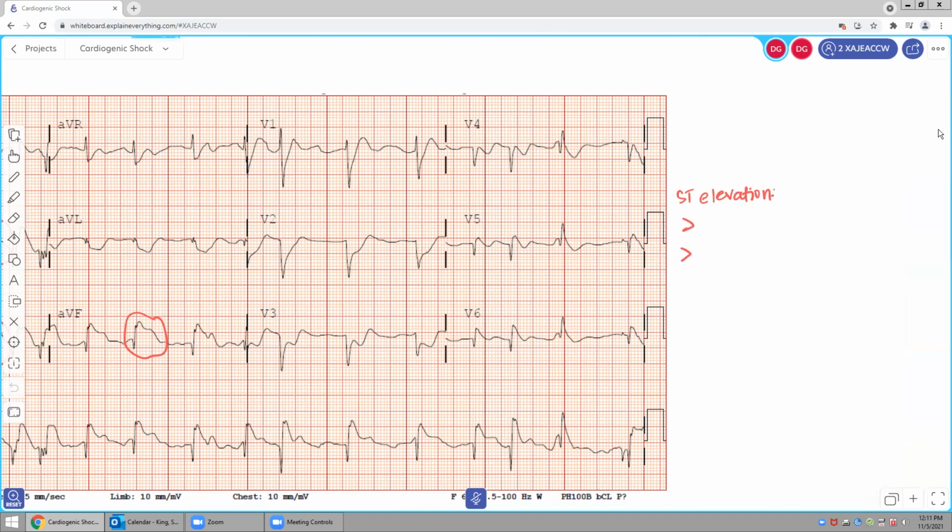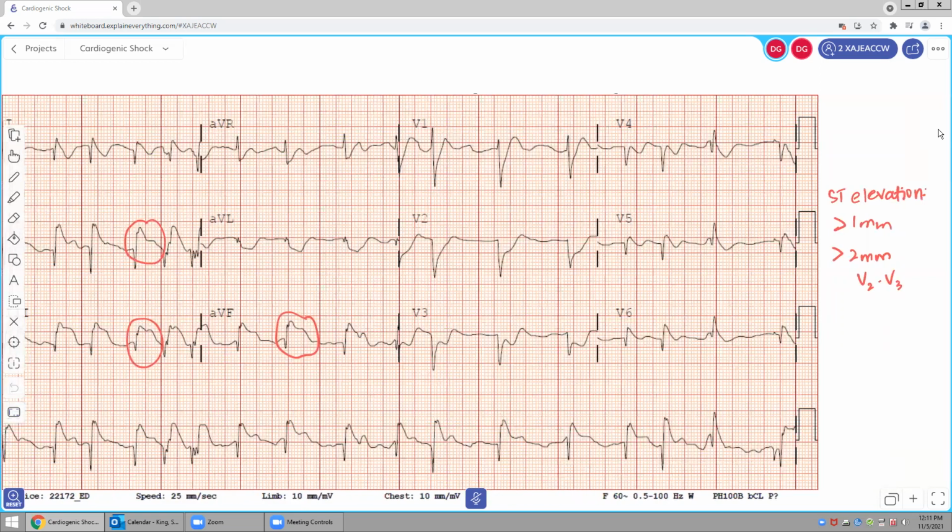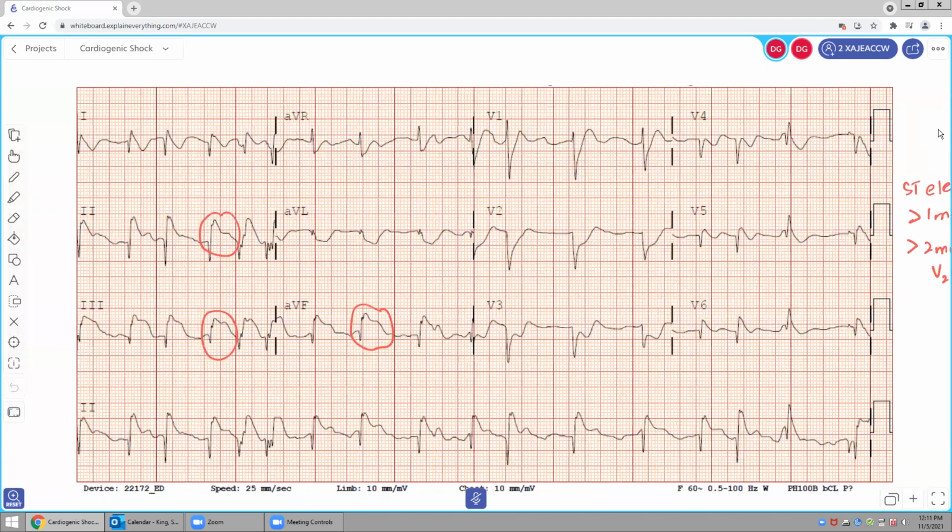It's 2 in what leads? Close. So 2 in some of the precordial, so V2 to V3, but everywhere else it's only 1. So it's clearly more than 1 millimeter or 1 small box of elevation, right? 2, 3, and aVF elevations.